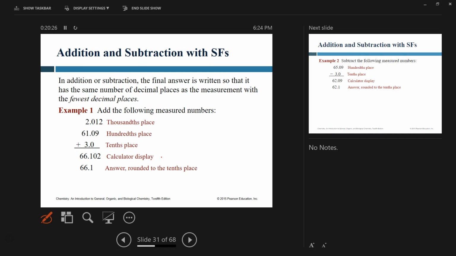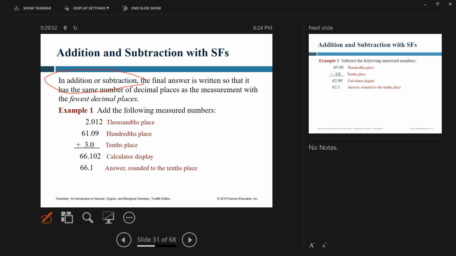Addition and subtraction. Now, this is easy to mix up. When you do division and multiplication, you look at all significant figures. Is that clear? When you do addition and subtraction, you need to look at the decimal places.